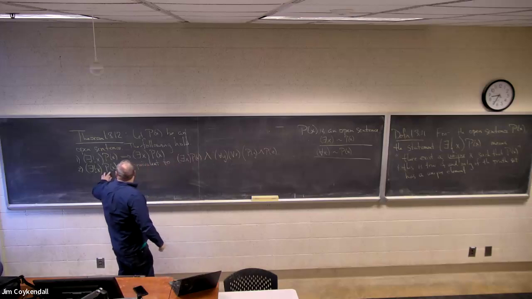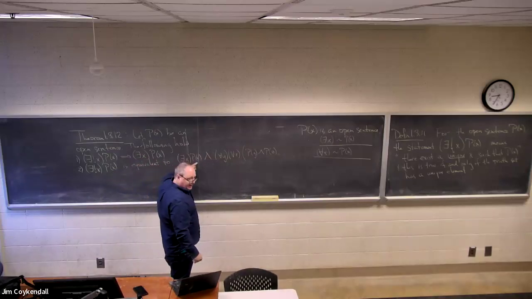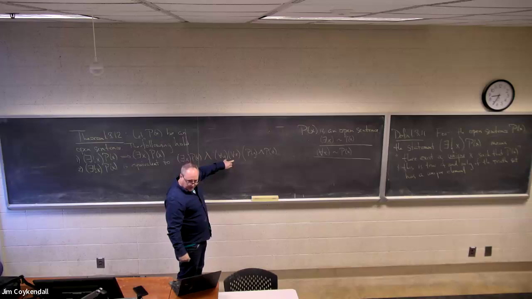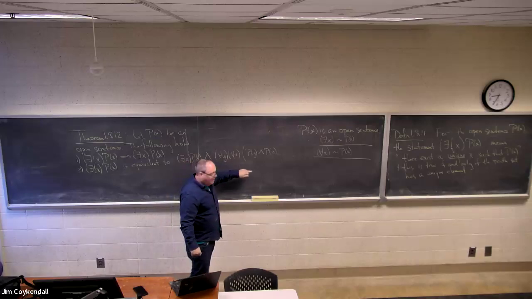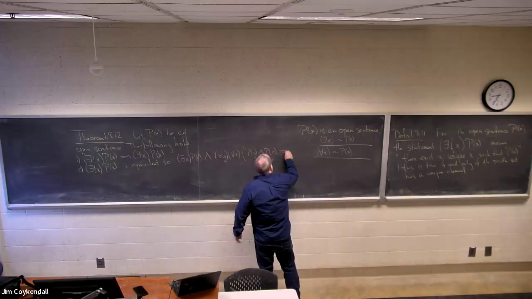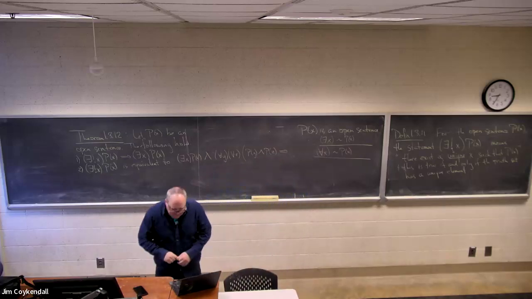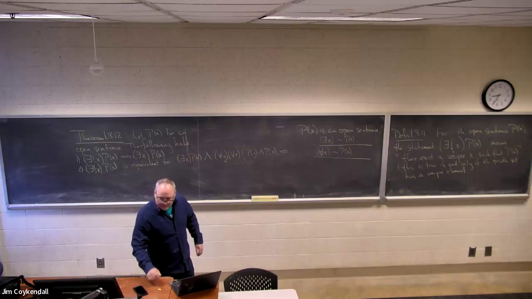So what does it mean to have a unique x such that P of x? Well, you have to have an x such that P of x, and this condition is trying to get the uniqueness. So for every y and z, such that P of y and P of z, this should imply what? Everybody see it?